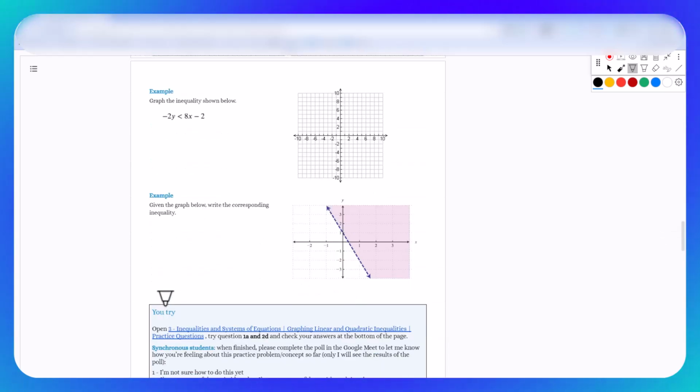So let's look at an example. Let's graph the inequality shown below: minus 2y less than 8x minus 2. Well, the first thing we want to do is isolate the y.